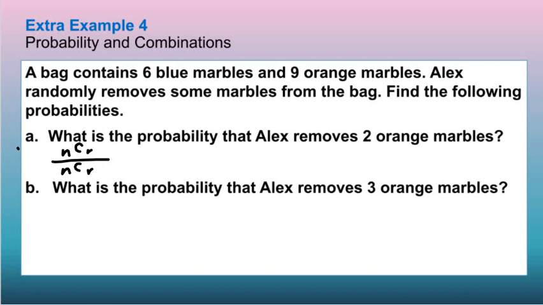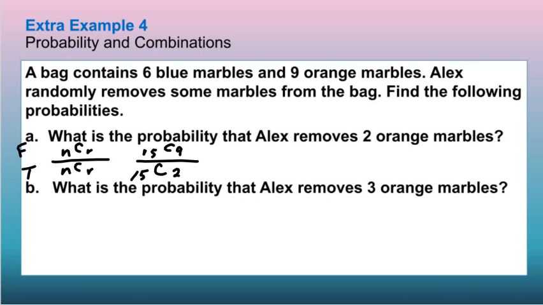And the combination on the top is the favorable, and the bottom is our total. So in the bottom, we have 15, and we're choosing 2 of them.